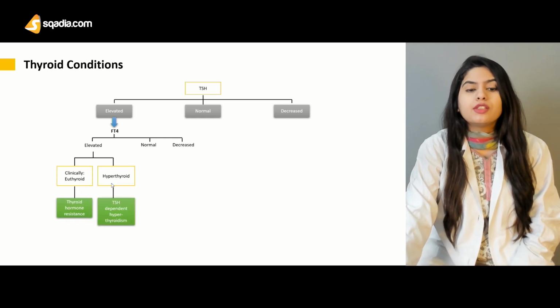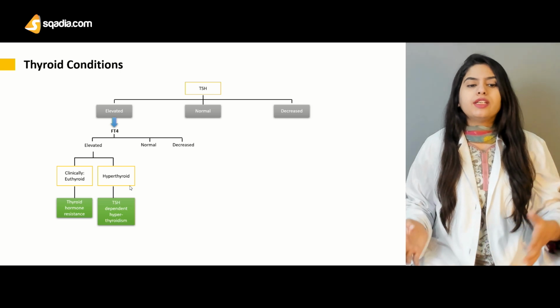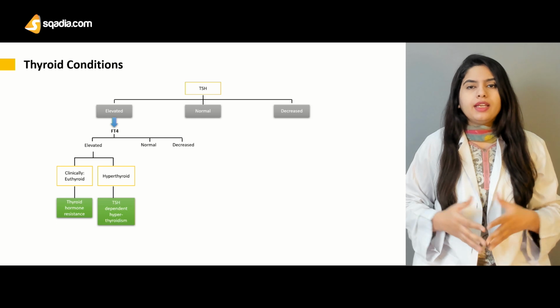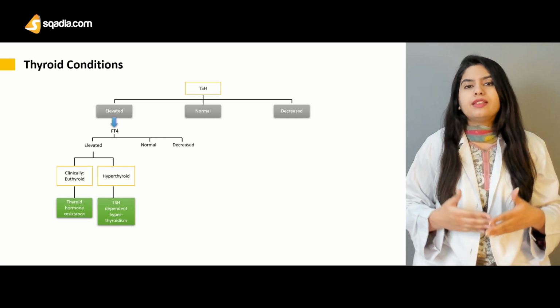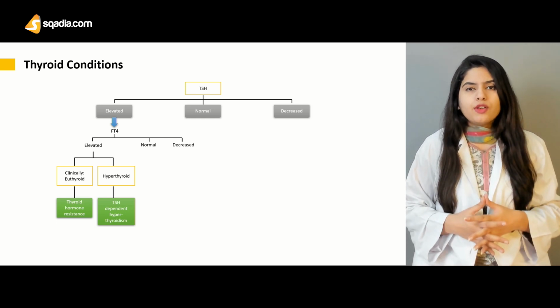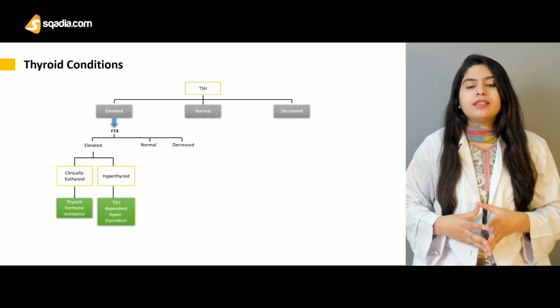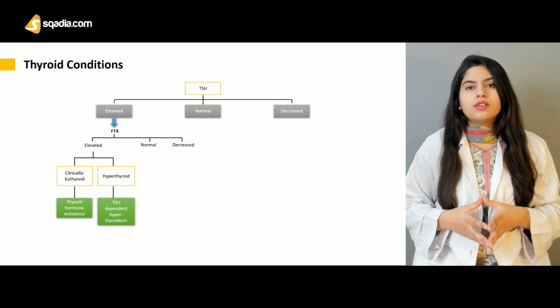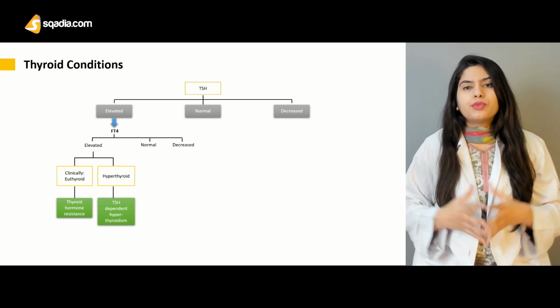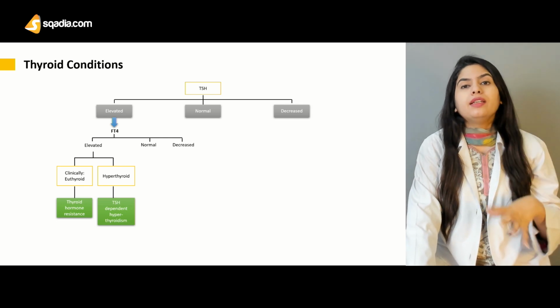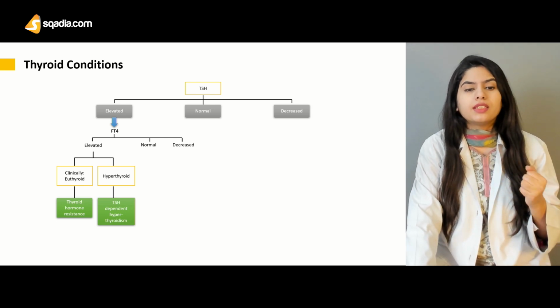This can be due to two conditions. First of all, there can be clinically euthyroid or hyperthyroid. In the euthyroid condition, the cause is basically thyroid hormone resistance, and in case of the hyperthyroid condition, the TSH is actually the cause that is causing an increase in the production of the thyroid hormone. So both the TSH and the thyroid hormone level are increased.